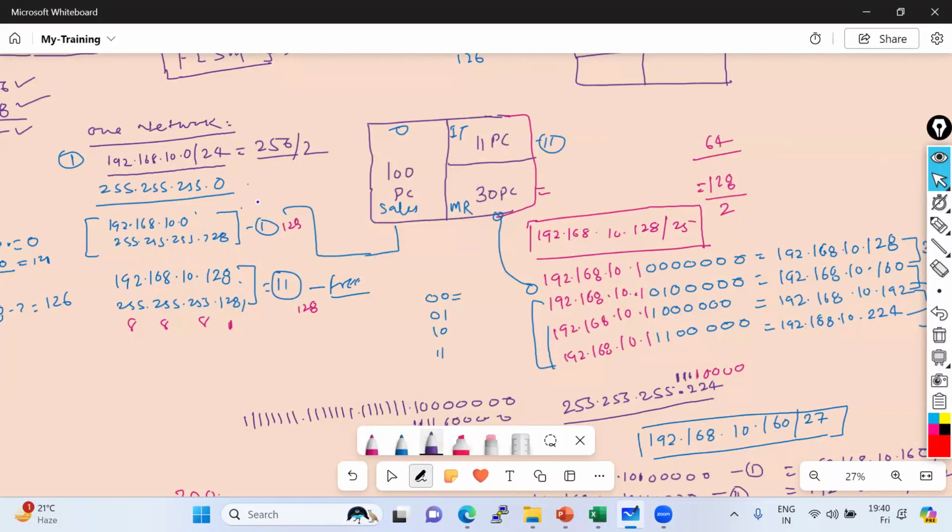So this is 192.168.10.0/25, the network address for the 100 PC.